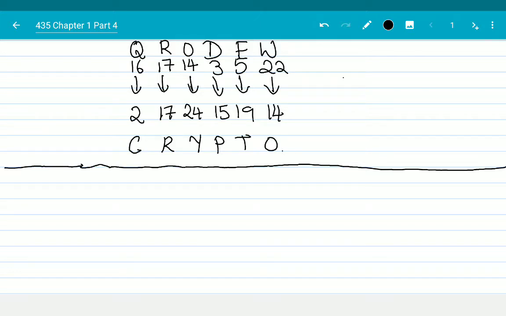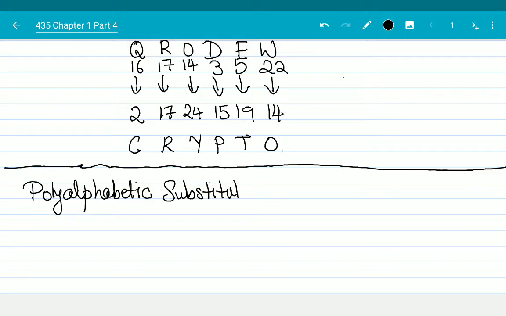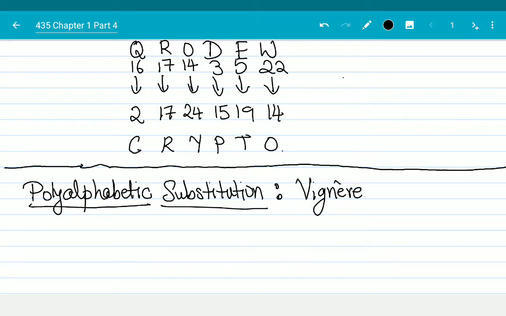But now let us look at a polyalphabetic substitution. The most famous example of it is what is called the Vigenere cipher.